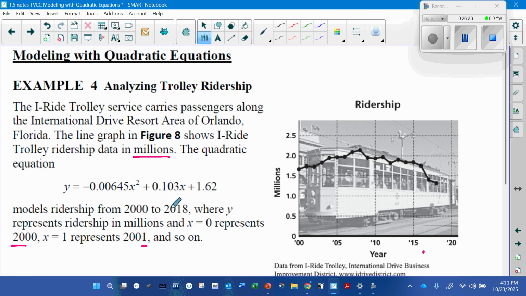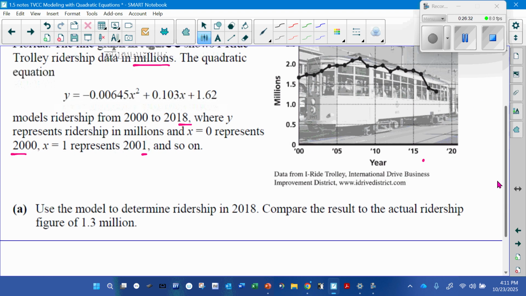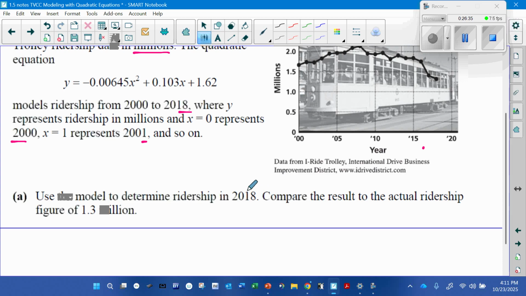So this would be when x is 18 to represent 2018. All right. Use the model to determine the ridership in 2018. So that means x is 18. Compare the result to the actual ridership figure in this picture, okay?